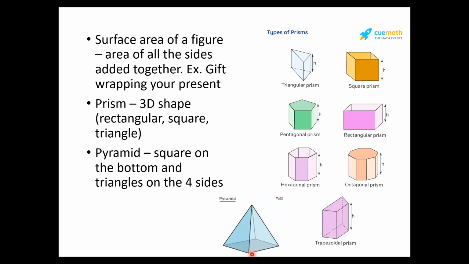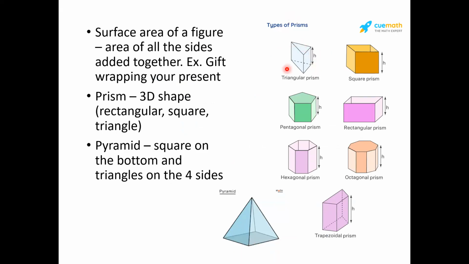So look at this right here. Do you see a different type of prism? This is a triangular prism. The base is a triangle. This is a rectangular prism. This is a square prism. It gets more complicated when you have pentagonal, hexagonal, octagonal prisms, and also trapezoidal prisms. But those are more difficult things. Right now, all you need to worry about is triangular, square, and rectangular. Do you see that? Okay. A pyramid is when you have a square on the bottom, but then the four sides are triangles.